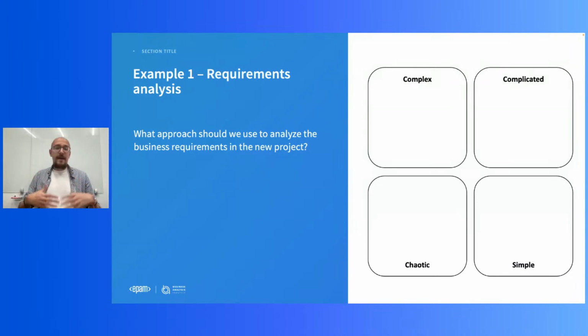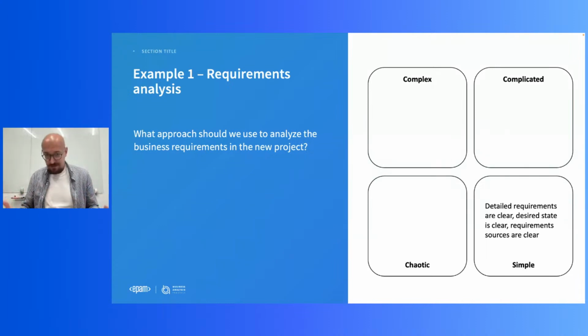Let's assume that we found ourselves in a project where detailed requirements are clear, and desired outcomes are also clear. We know the goals and all the expectations and the requirement sources. It's pretty much too good to be true, I know, but this is what we call the simple domain, right?